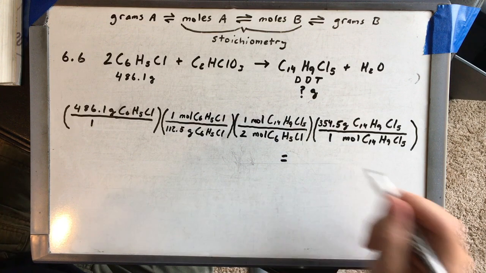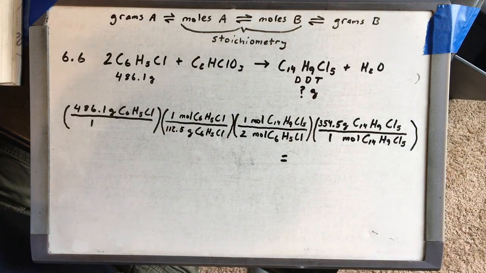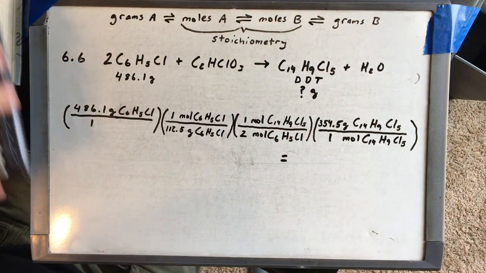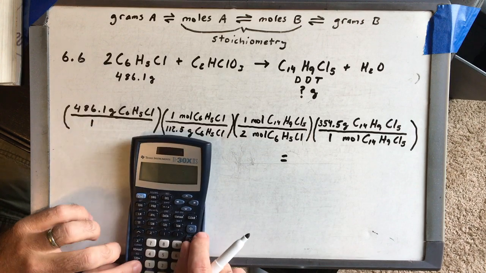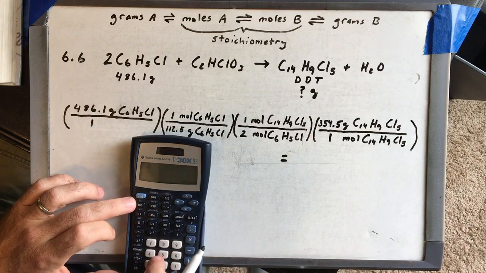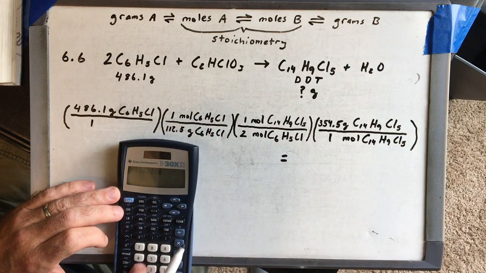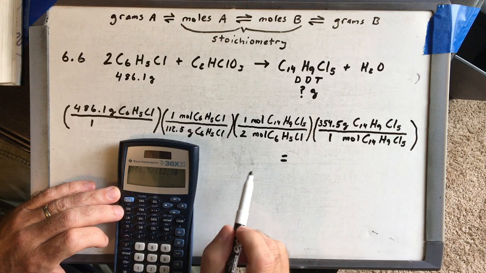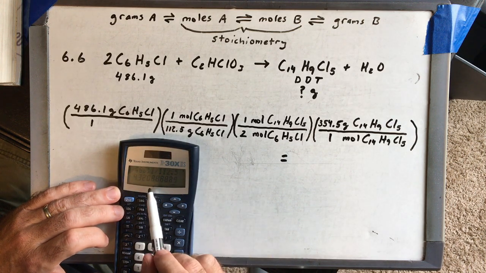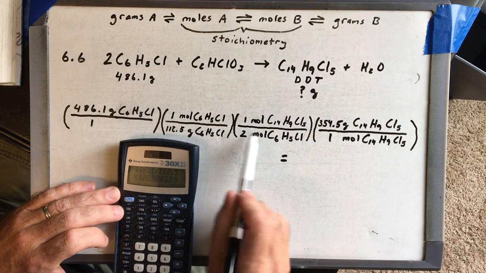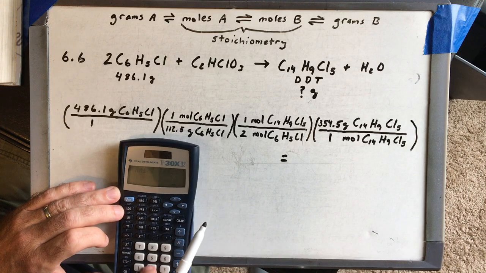All right, so in your calculator, we have 486.1. We're going to divide that by 112.5. I like to hit equal, okay? And then I got a number. Then divide that by 2, because we've got a 2 on the bottom.